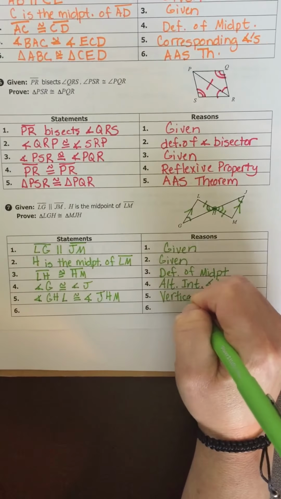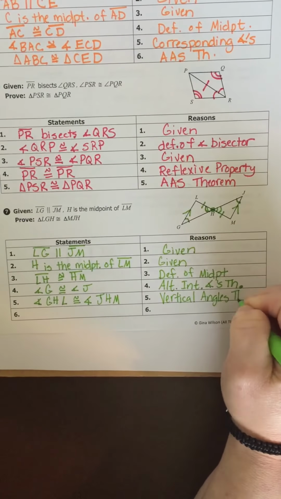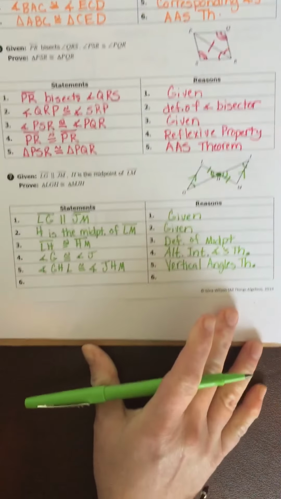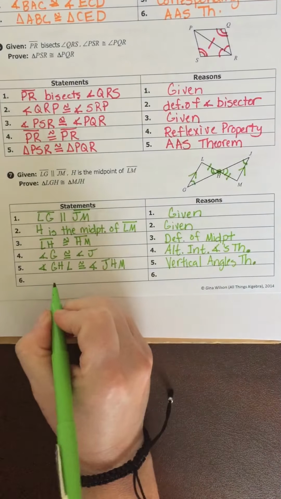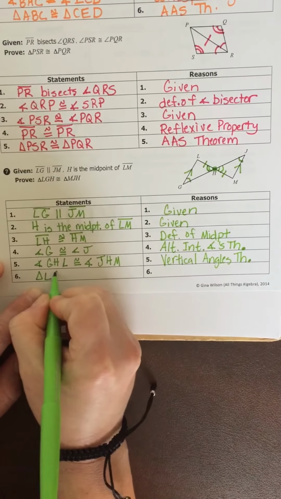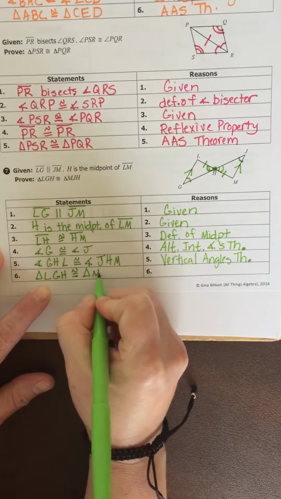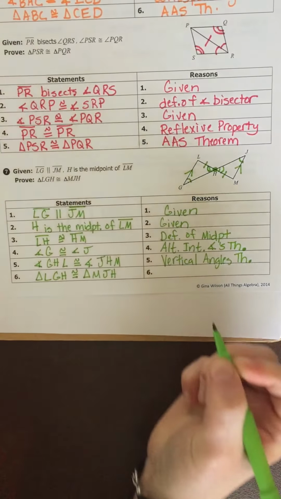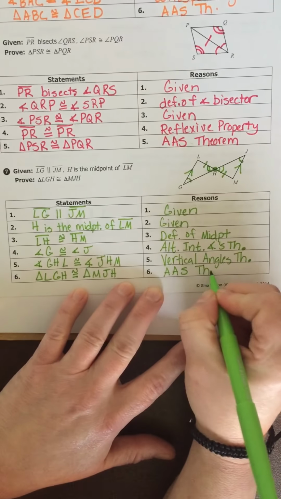Vertical angles theorem. All right, so we got an angle and angle on the side. So I can now say that triangle LGH is congruent to triangle MJH by the angle side theorem.